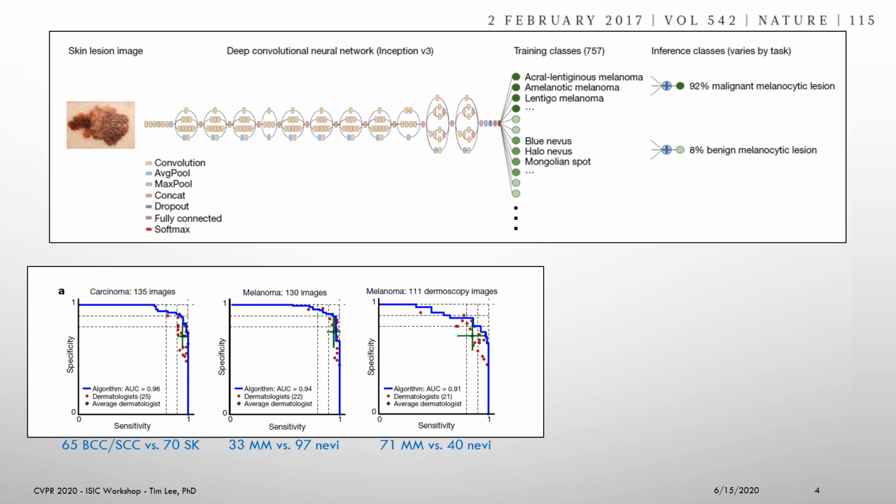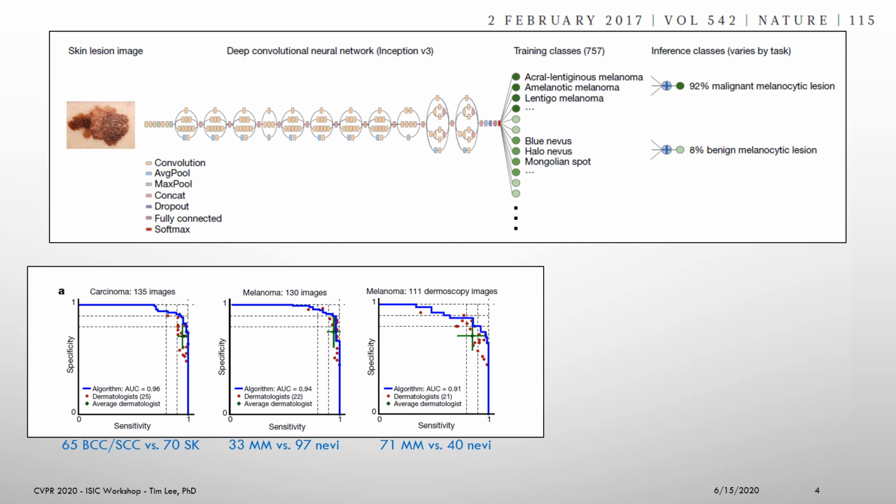The second experiment differentiates 33 melanomas and 97 benign nevi using clinical images. The results are shown in the middle panel of figure A. Again, the CNN achieved an area under the ROC curve of 0.94, which outperforms most of the 22 dermatologists in this experiment and their average.